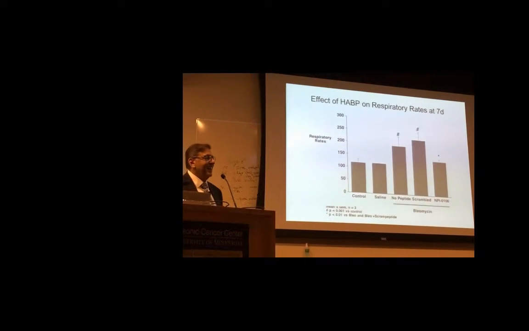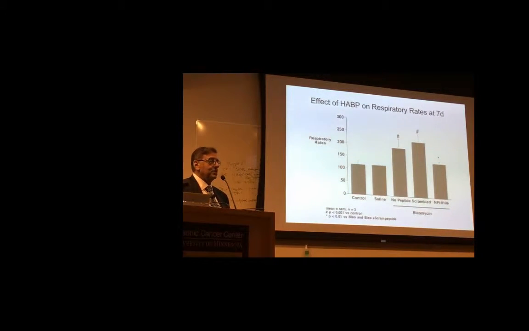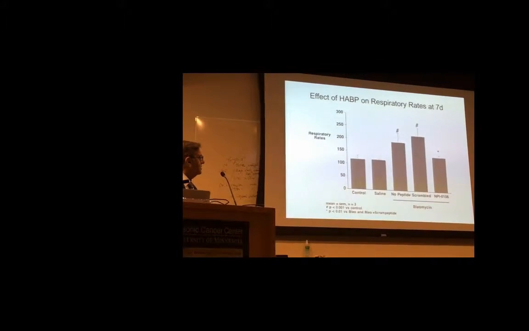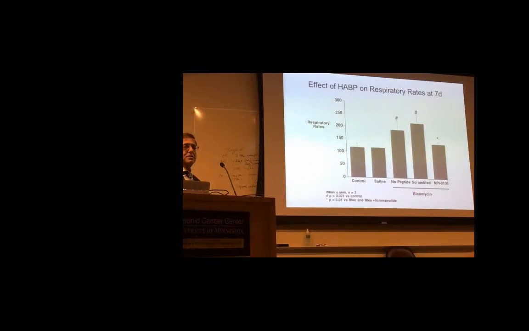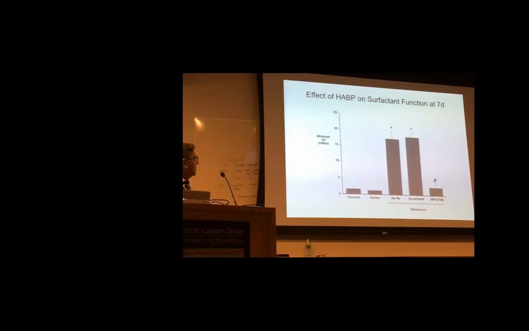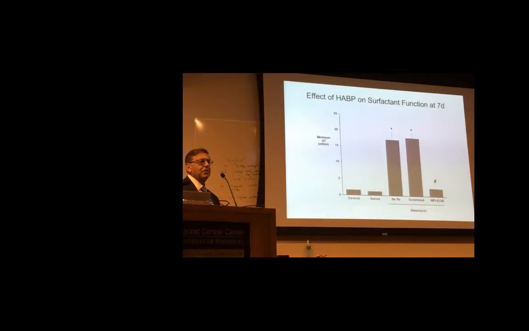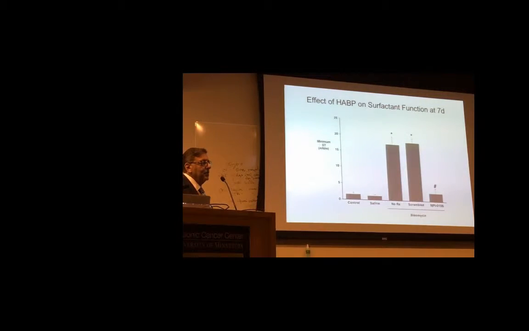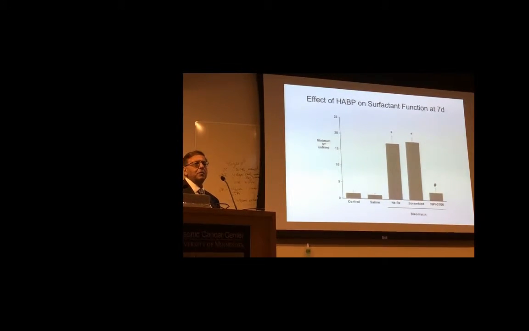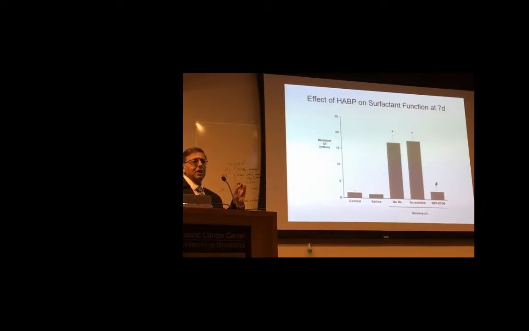So it's just one shot? One shot. And then 7 days later you have effects, and I'll show you 14 days later you also have effects. So the respiratory distress was non-evident when you gave this peptide. It was amazing. And so we measured the minimum surface tension of the surfactant from a lavage sample. And you can measure that using a bubble surfactometer, which actually measures the surface tension in this bubble directly.